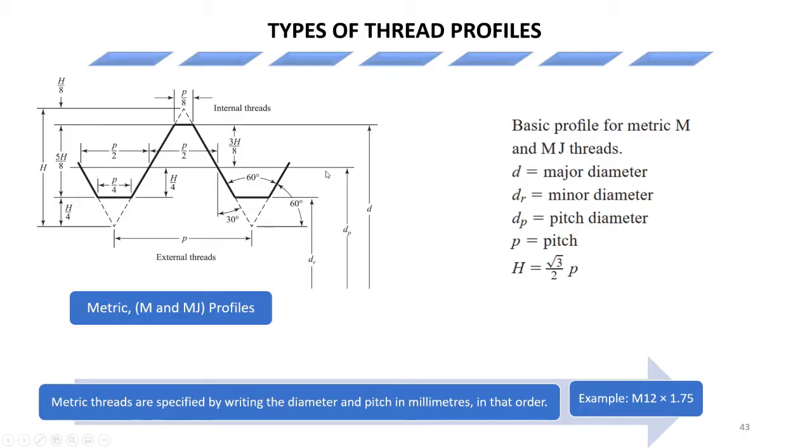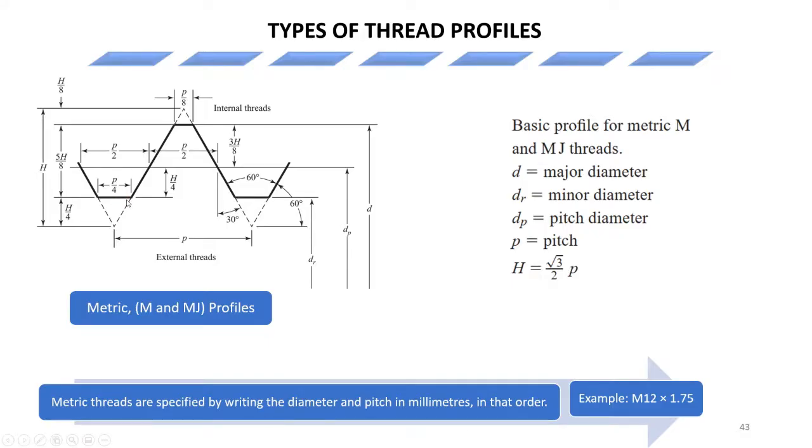Then we also have the pitch diameter, dp, intermediate between the two, and then the pitch p. All the p we see there is the pitch. In this case, the distance from this point to that point is p on 4, which is the pitch divided by 4, to give us this flat bottom here.